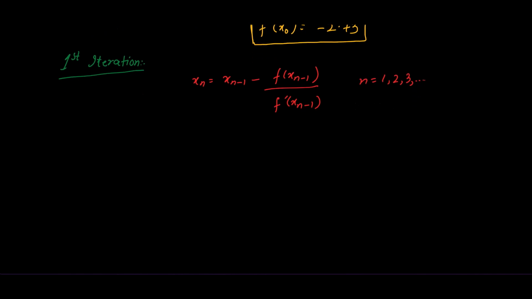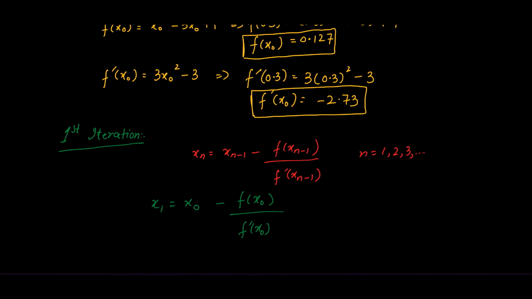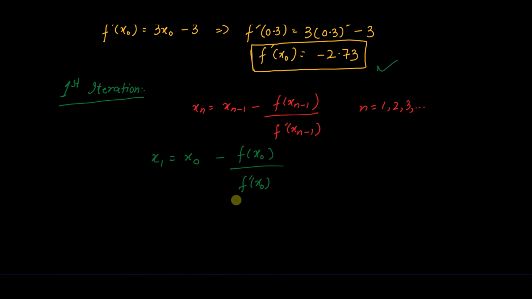For the first iteration, we customize this general formula. We put n equals 1, so it becomes x1, and here we have 0, and here we also have 0. We already calculated f of x naught and f prime of x naught. These are the two values, and we substitute them back into the formula of the NR method.